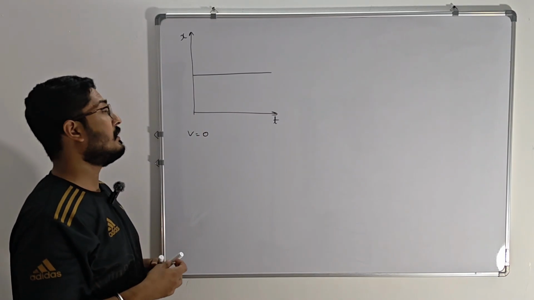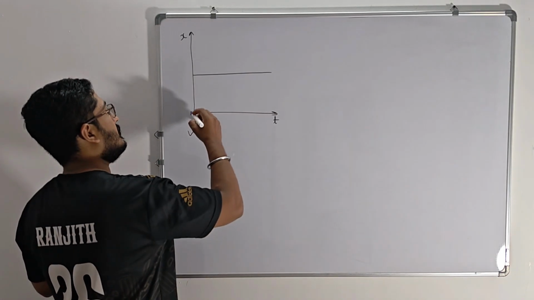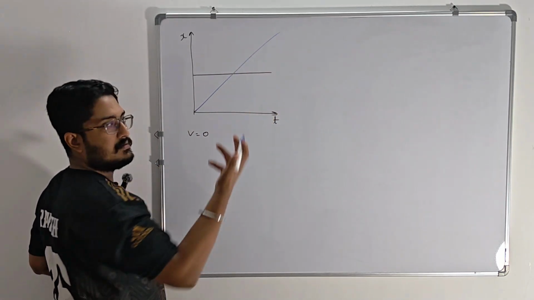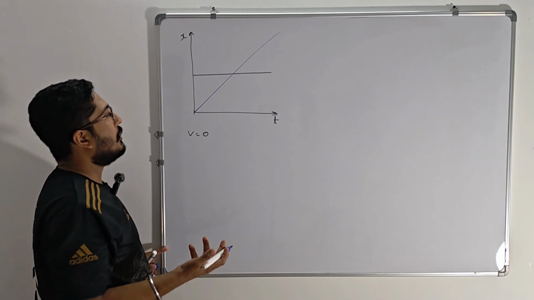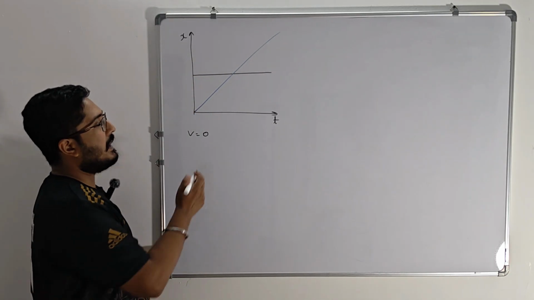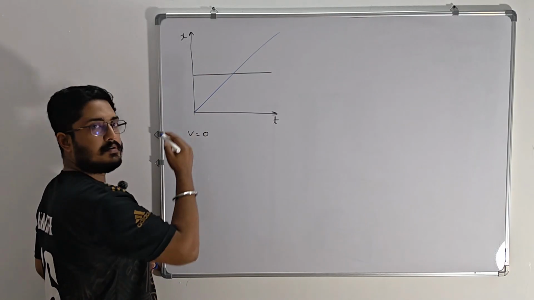Now, what if I change the diagram? What if I give you a different kind of graph? For example, let us say my graph is starting from the origin like this. Now, according to this blue colored graph, what do we understand? That at time t equal to 0, the particle was at x equal to 0.